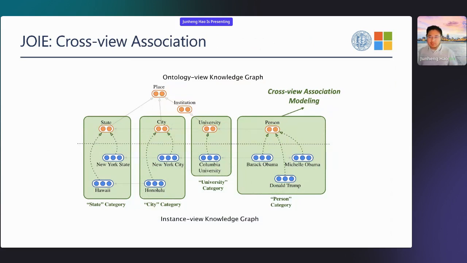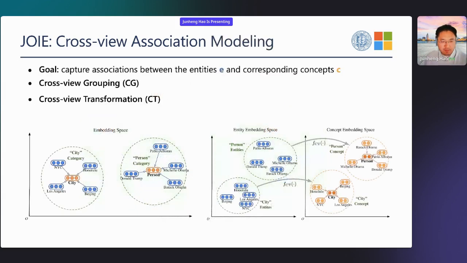Something we do differently is we consider this a type of regularization. By simply considering those type links bridging the two views, the very straightforward idea is to think about a regularization that pushes entities that belong to a certain type closer in the embedding space.